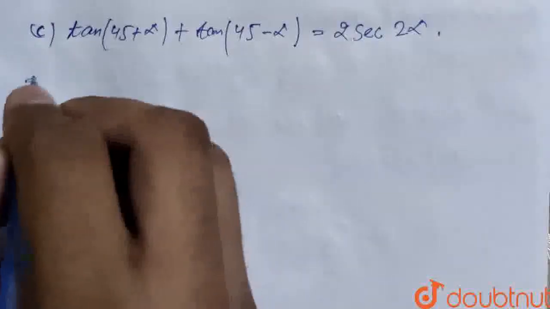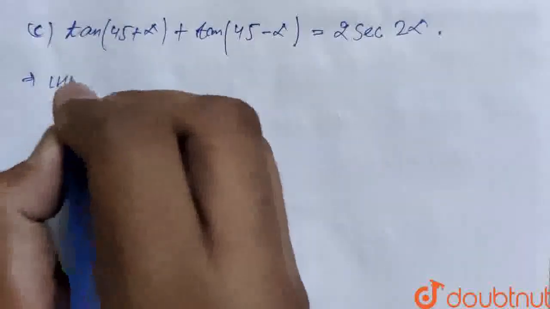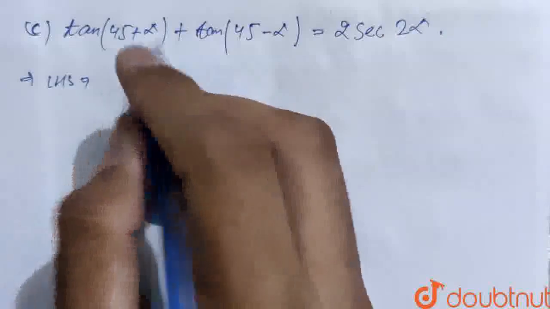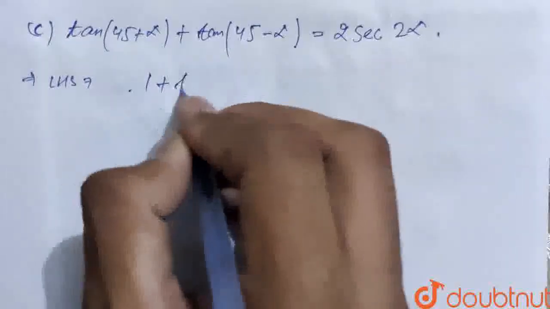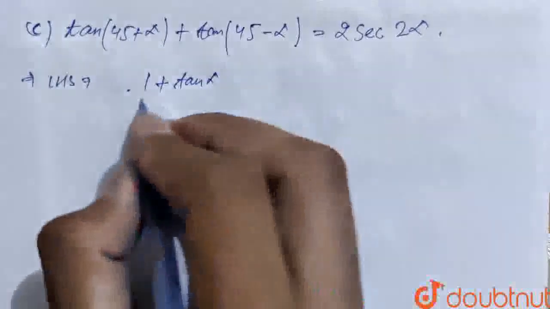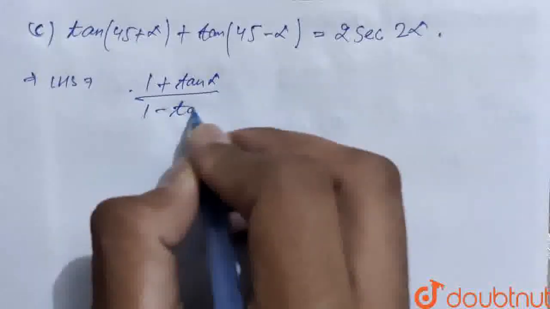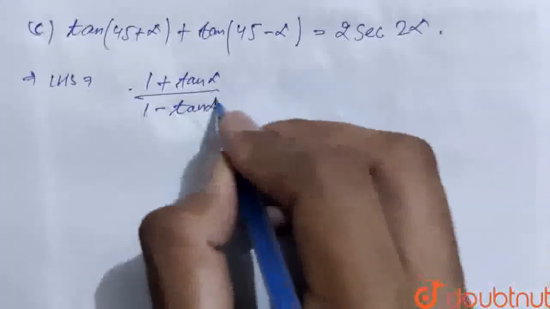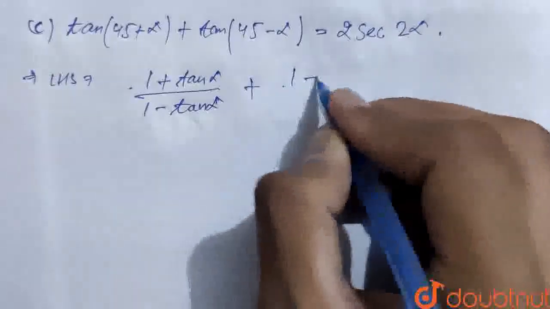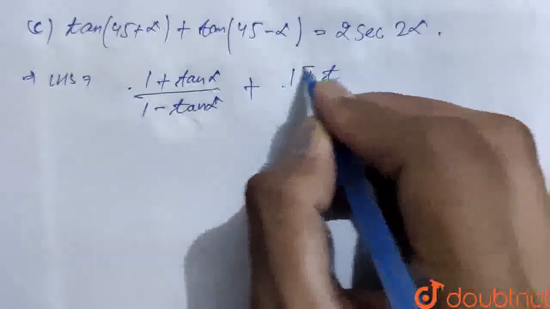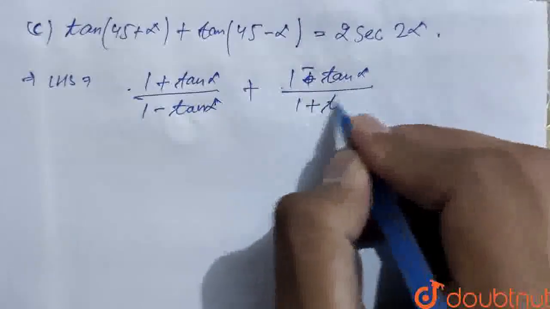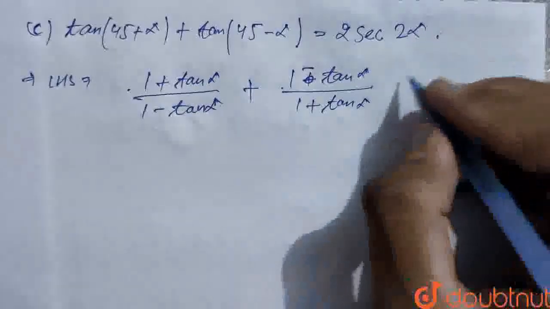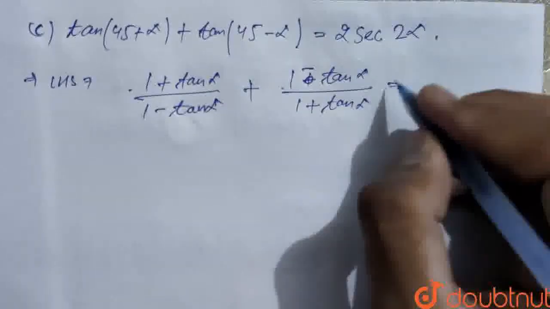Again by taking left hand side and using the formula of tan alpha plus beta, we can get 1 plus tan alpha upon 1 minus tan alpha plus 1 minus tan alpha divided by 1 plus tan alpha equals to.